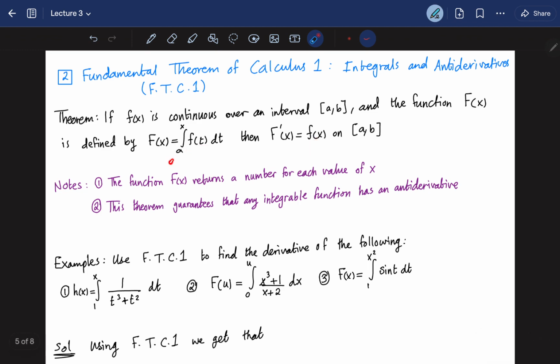So here, as you notice, my bounds are always a constant a, and the other bound is a function in terms of x. So you just plug in the value x inside of your integrand, and that would be your derivative. So let's try the following examples.